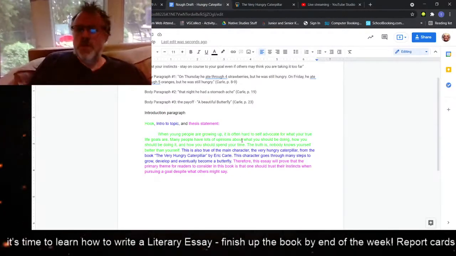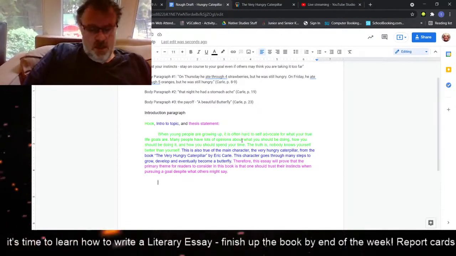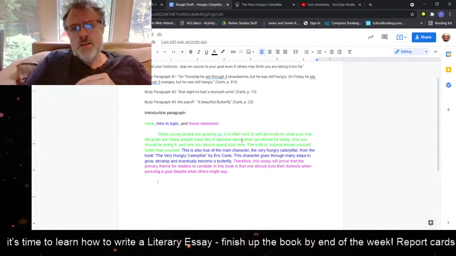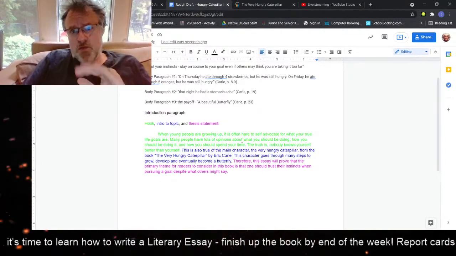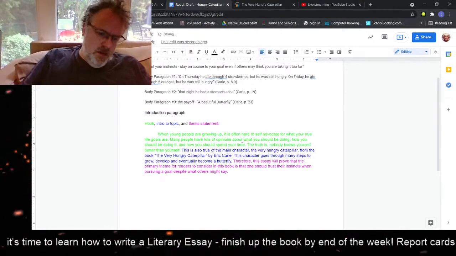Topic sentences for these essays are very simple, right? So keep it simple. If you're not sure, this is the first literary essay that you're going to write, so therefore keep it very simple. Oh, my caps lock is on.